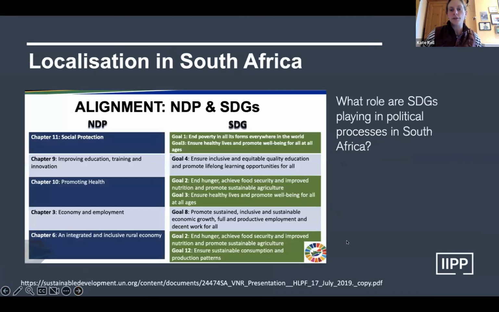This is an example from South Africa, where there's work to align the National Development Plan to the SDGs. And you see similar things in the UK, in different places where they take their priorities and then fit them to the SDGs or pick target SDGs for increasing alignment. And so those are some of the strategies used for aligning and localizing.